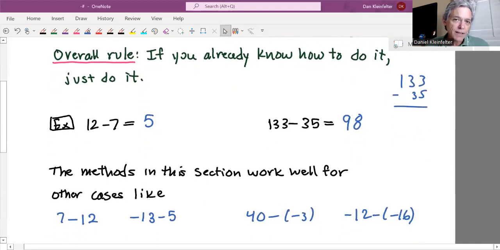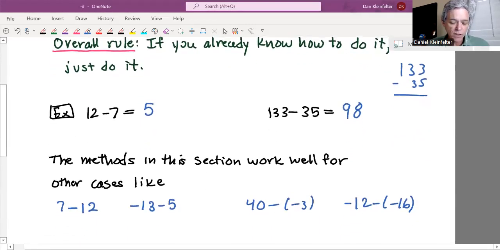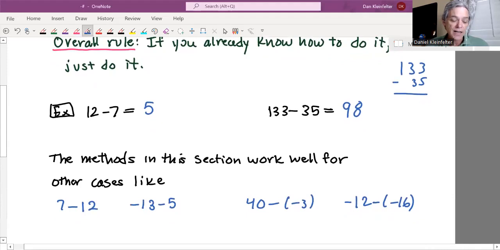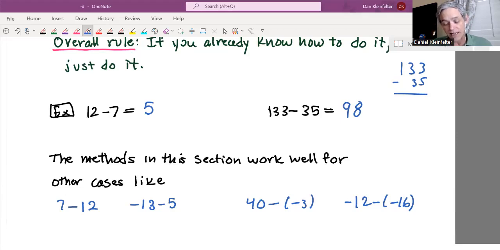The plan for this section really works well for other cases, like 7 minus 12, where you're trying to take away more than you had in the first place, or negative 13 minus 5, where you have a negative number and you're taking more away, and so on. Subtracting a negative from a positive number, or subtracting a negative from a negative number. If you have difficulties with these cases, this section is going to help with that.